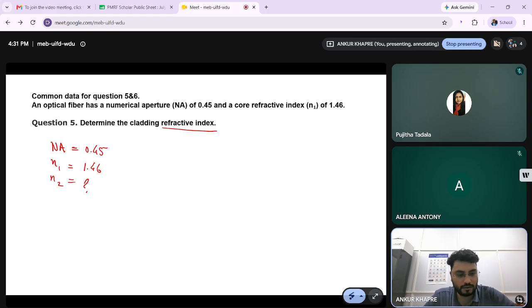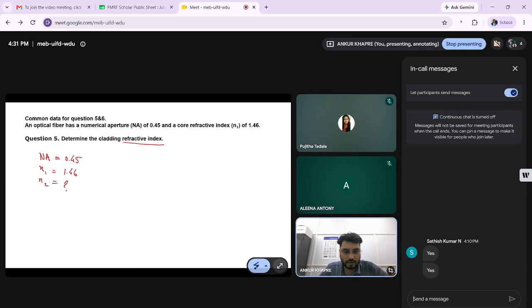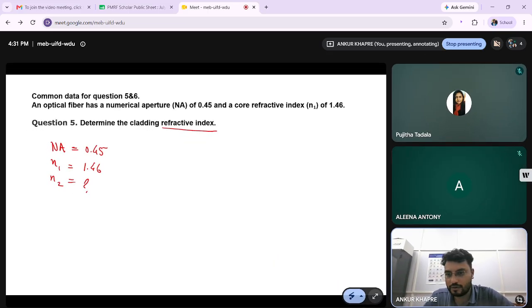Can you try, Pujita and Alina? Try to solve it. It will be useful for you.